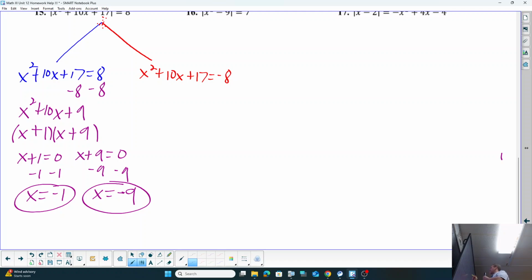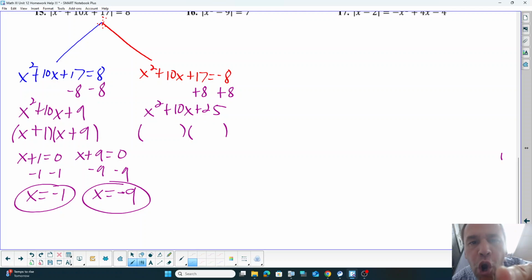Now this side we have to add the 8 this time. So we get x squared plus 10x. Try it on your own. Pause me. So we get x and x. What are factors of 25? So 5 times 5 is 25.